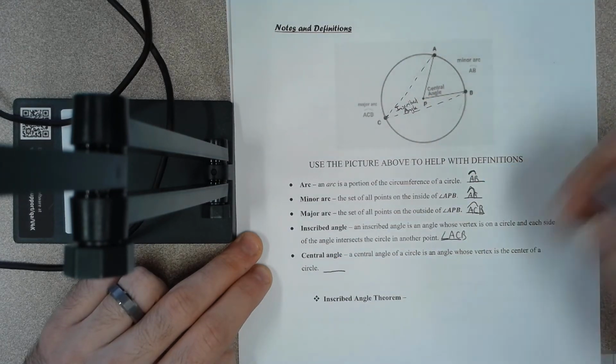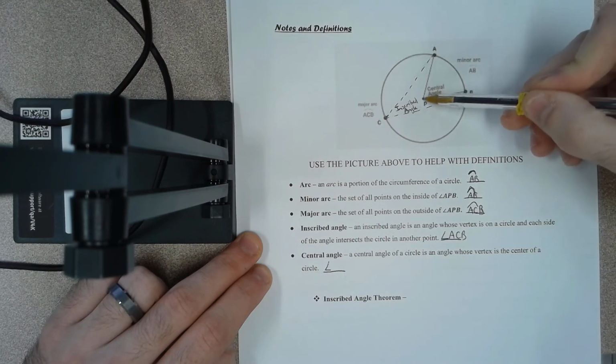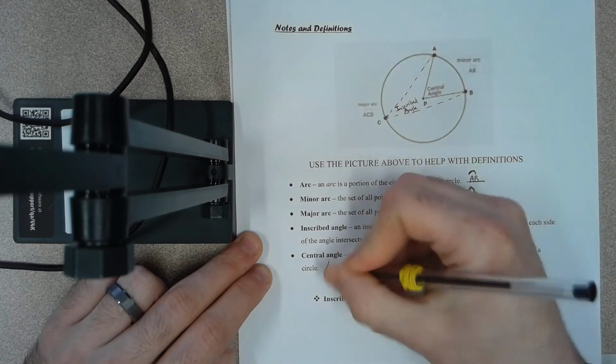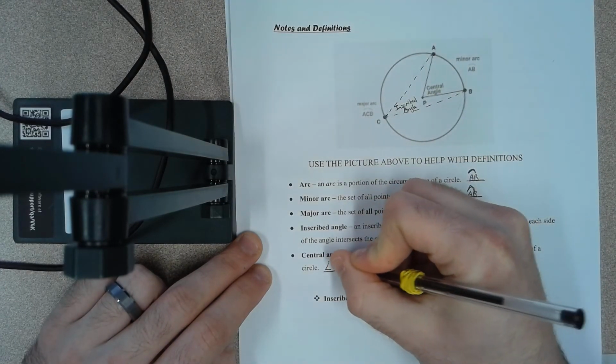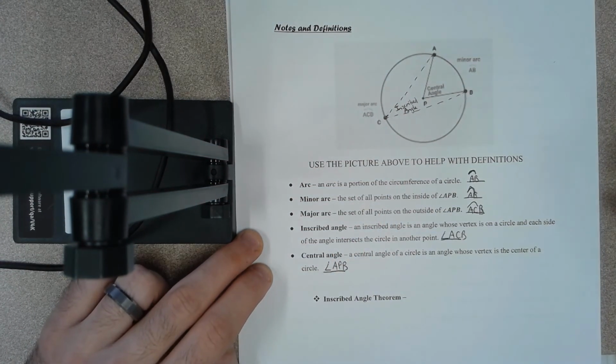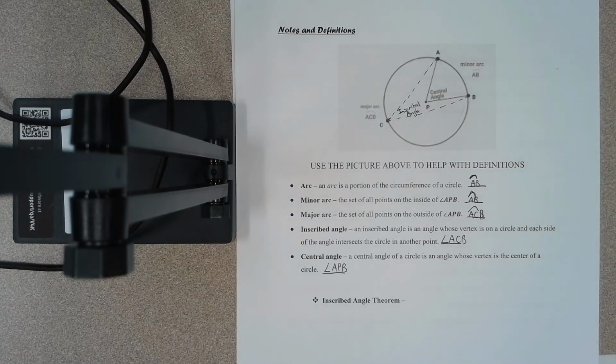So my central angle is angle APB. So there are some definitions for you. I'll ask you to write those down, because it's easier to memorize something once you've written it down.